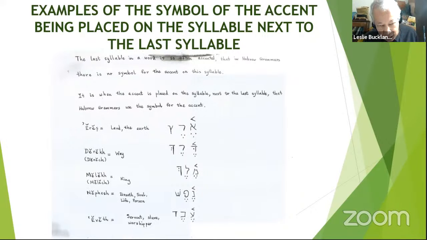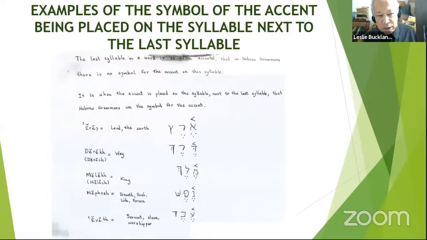The next example is nefesh. Nefesh, notice again, ne is one syllable, fesh is the second syllable. Fesh is also the last syllable. Fesh would normally be the syllable that is accented in another word. But in this particular word, nefesh, it is not accented.